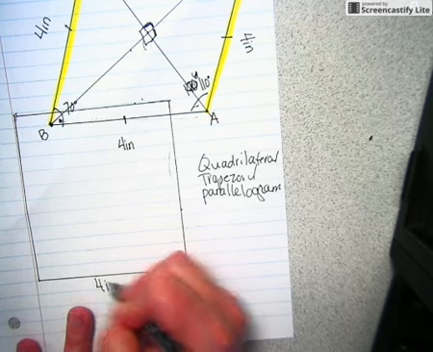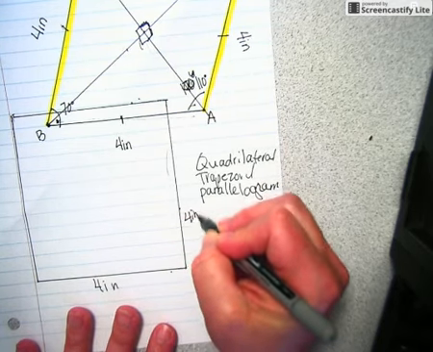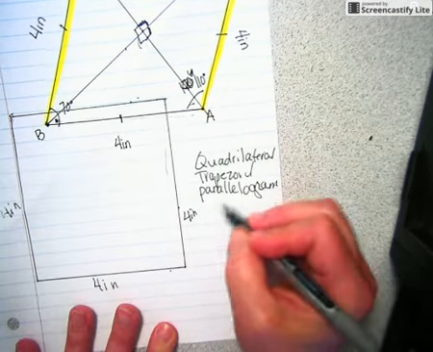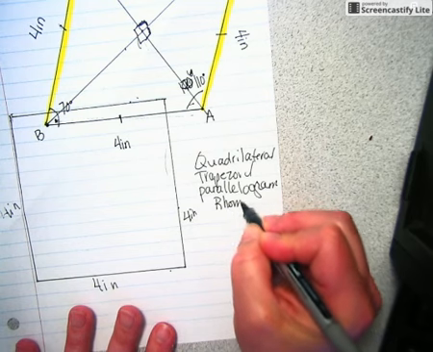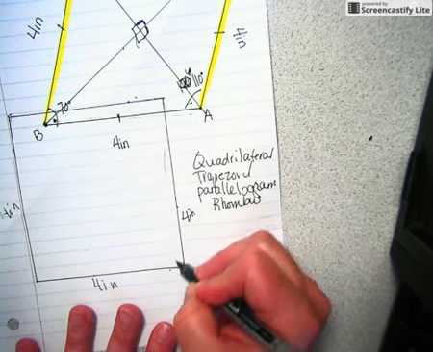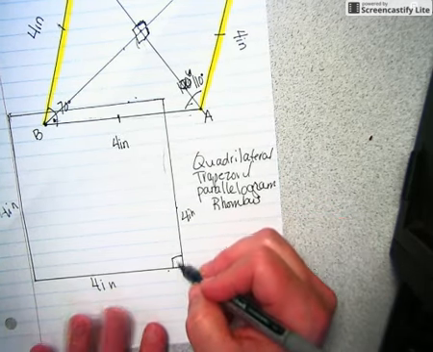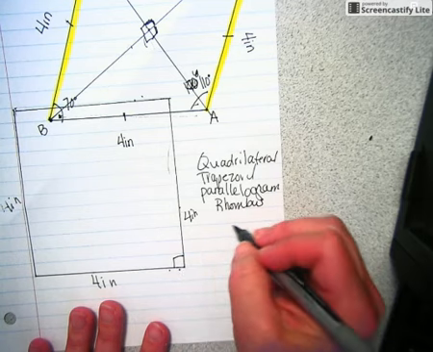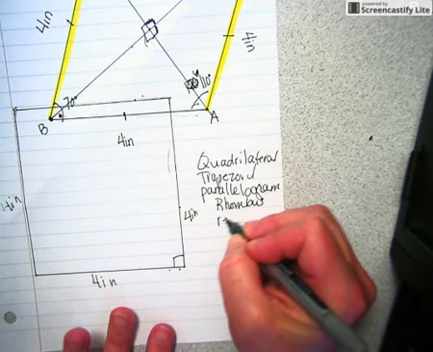All sides are 4 inches, so that means it's also a rhombus. And now all the angles are 90 degrees, so that means that this is also a rectangle.